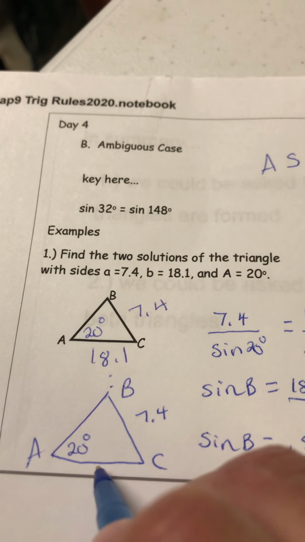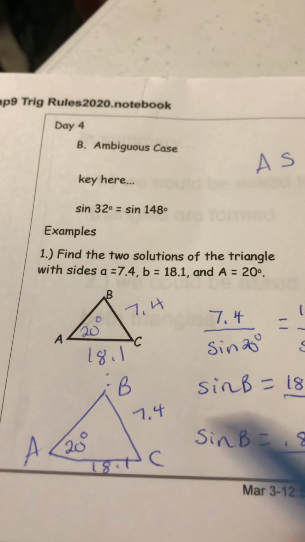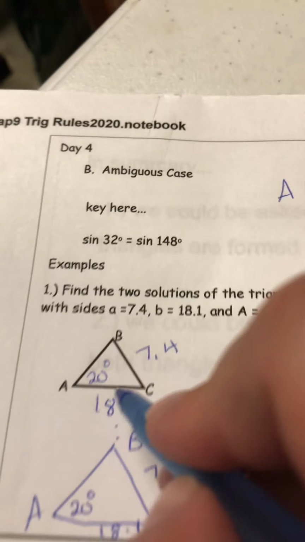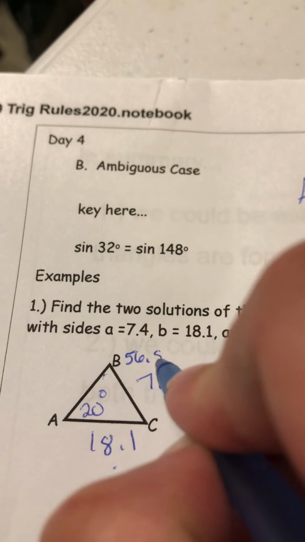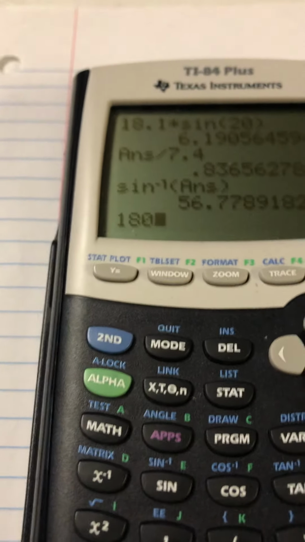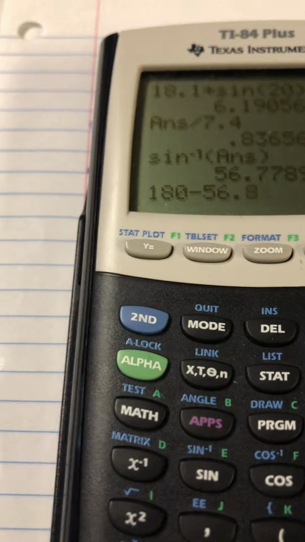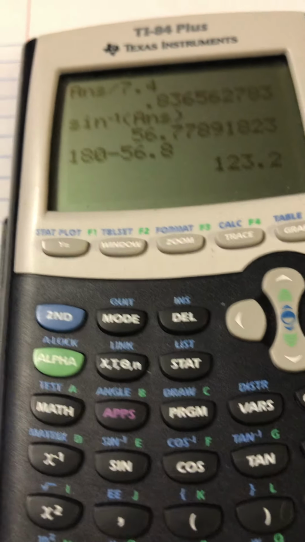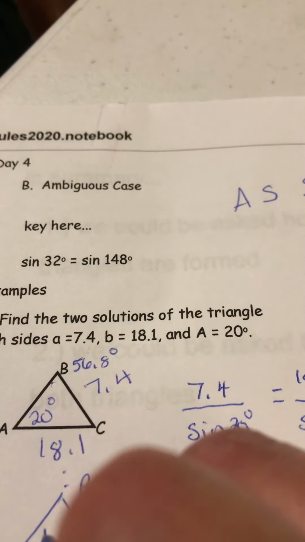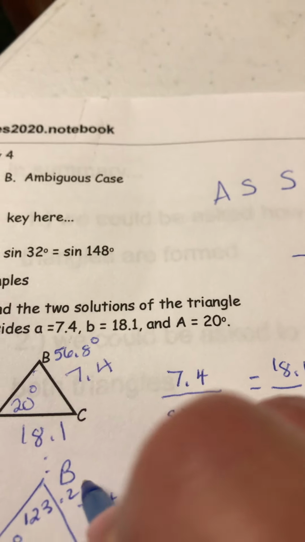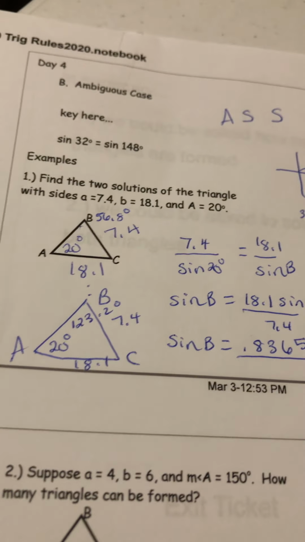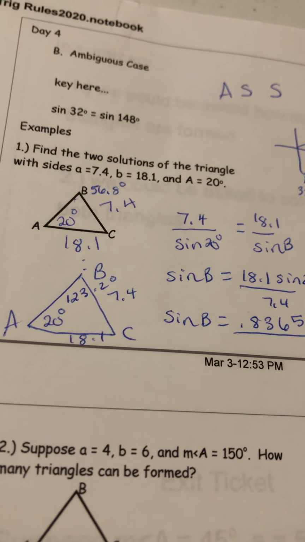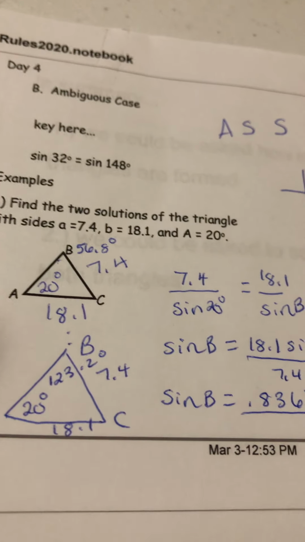Side a is 7.4, side b is 18.1, but now we have two possible answers. So maybe angle B here is 56.8 degrees, or maybe perhaps it's the supplementary, 180 minus 56.8, and the answer, oh dear, what if it is 123.2 degrees? It's possible, right?